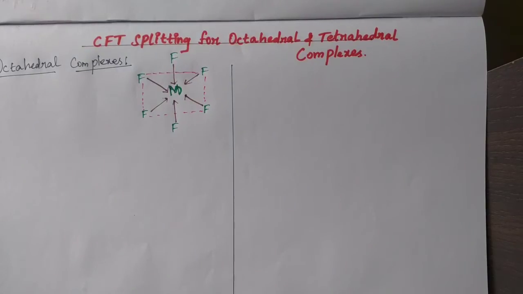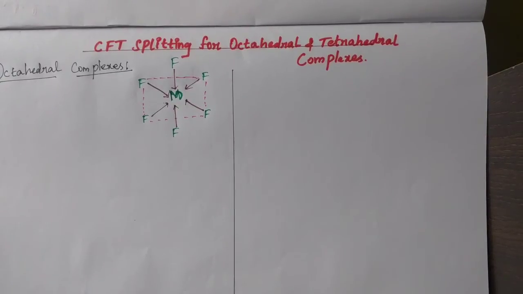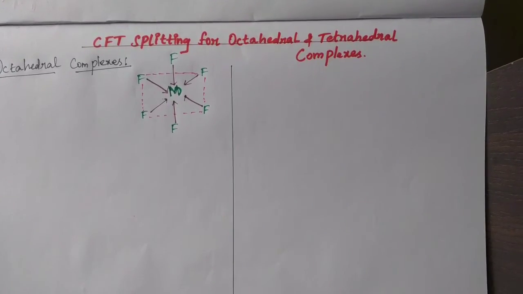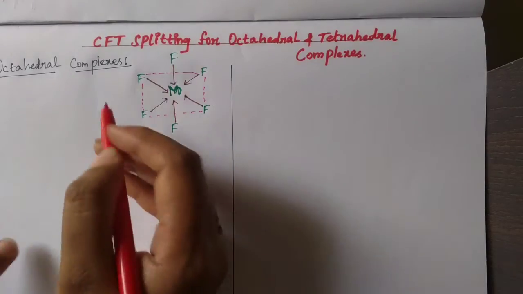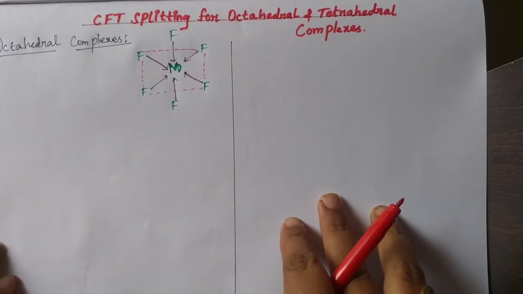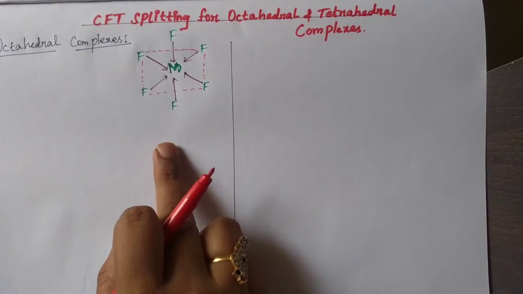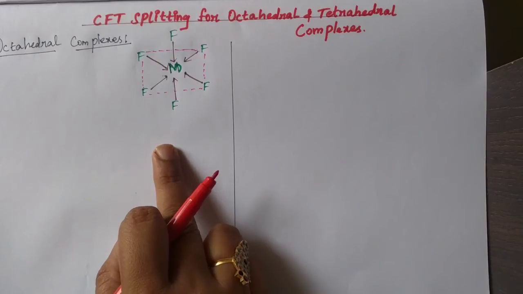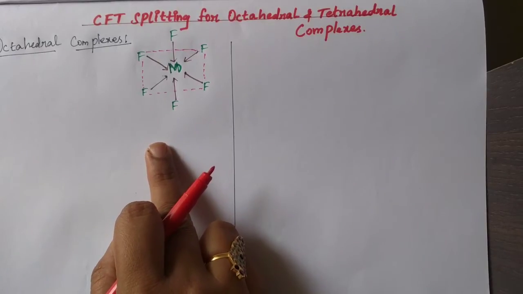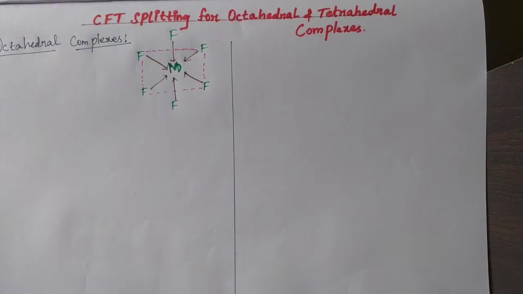So here in the octahedral structure, based on the ligands, the splitting will change, students. First, you should know d orbitals have 5 degenerate orbitals, right? We already explained degeneracy is lifted when ligands approach the central metal ion. So the 5 d orbitals split into 2 levels, one is the T2g level and the other is the Eg level, right students?